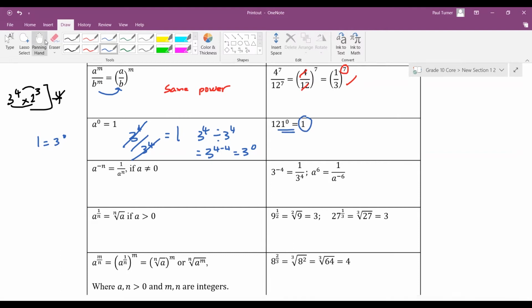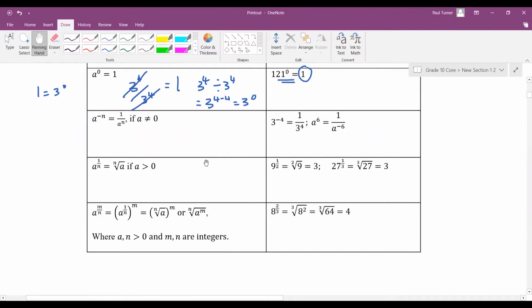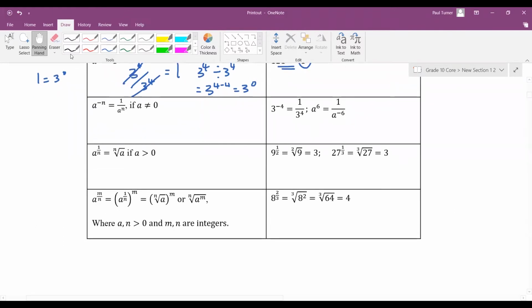Now for your negative powers, which you probably didn't see too much of last year. If you want to get your calculator and check 3^(-1), that would be written as the same as 1 on 3^1. So what you do, you just basically move your number down and change the power sign.